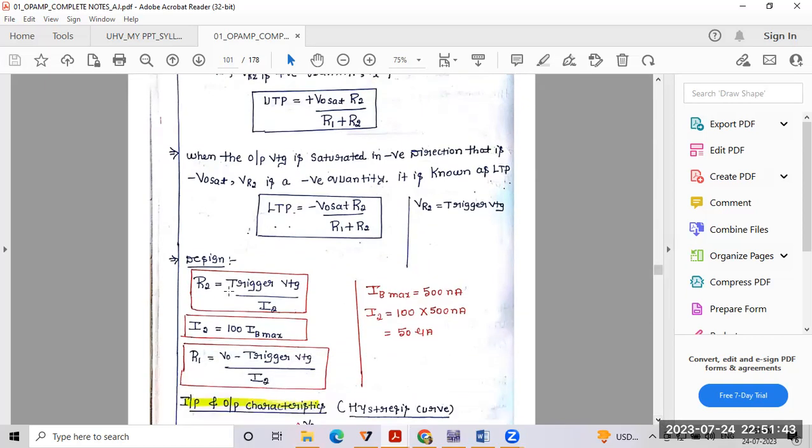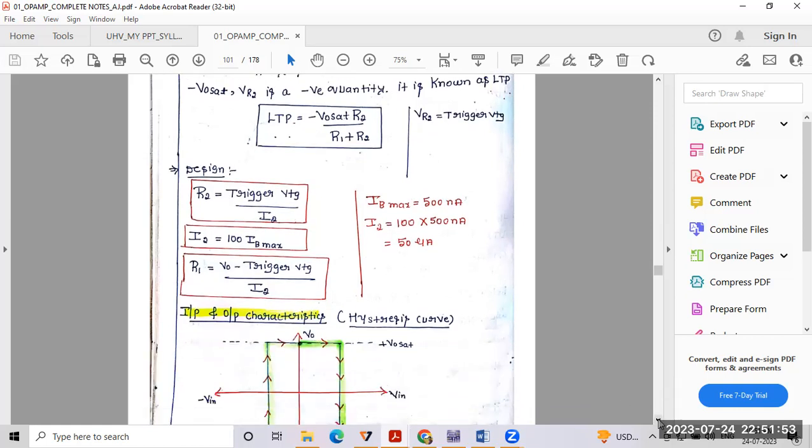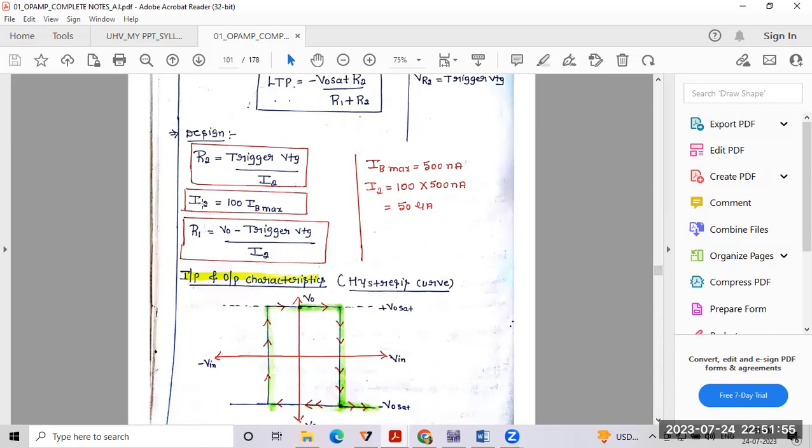For design, you need to apply Ohm's law across R2: R2 equals UTP, the triggering voltage, divided by I2. I2 is 50 microampere. You know the explanation of I2: I2 equals 100 into IB max. IB max is 500 nanoampere, so 100 into 500 nanoampere equals 50 microampere. R1 equals V0 minus the triggering voltage, divided by I2.